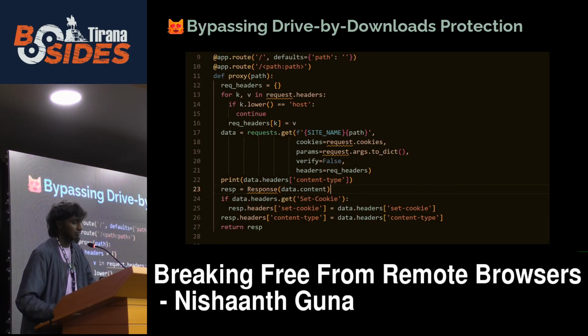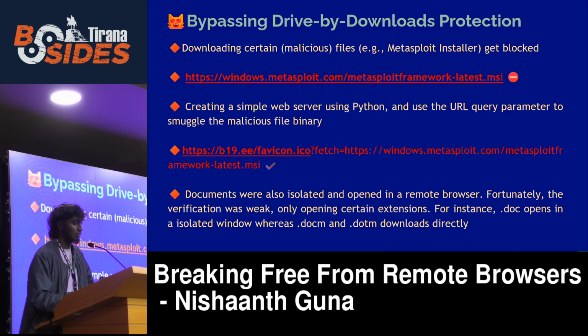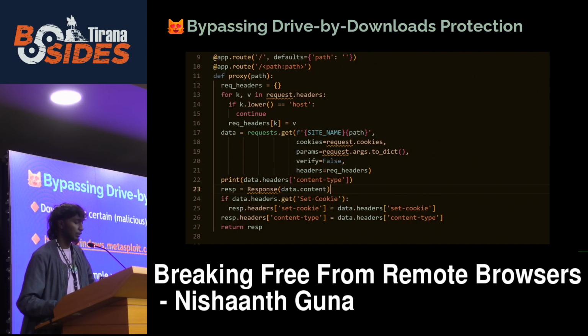Yeah, this is the code which Adam wrote to replicate the same scenario which we saw on how we were able to bypass the download protection to download a malicious executable.